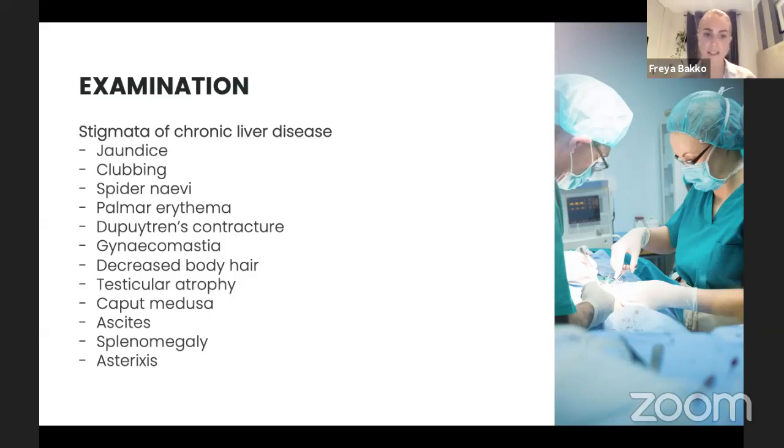Look for gynecomastia, which is a sign in men of liver disease. Decreased body hair is another sign in both men and women. Look for testicular atrophy, caput medusa, ascites, so fluid in the abdomen, any splenomegaly and hepatomegaly, and any asterixis. You want to ask the patient to put their hands out in front of them and see if they have a liver flap.